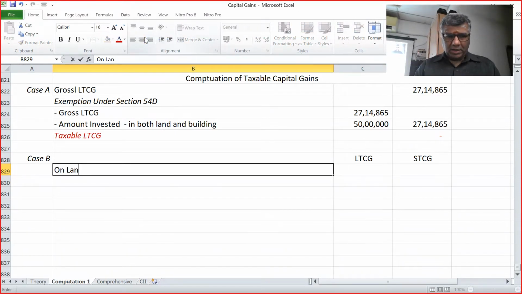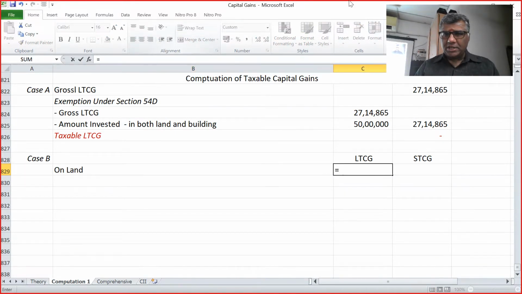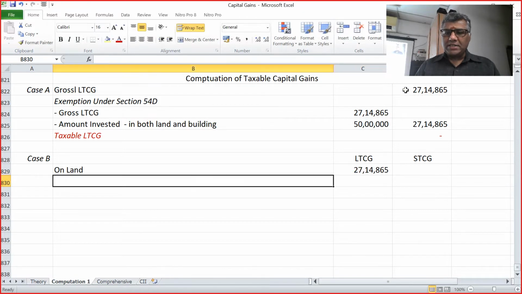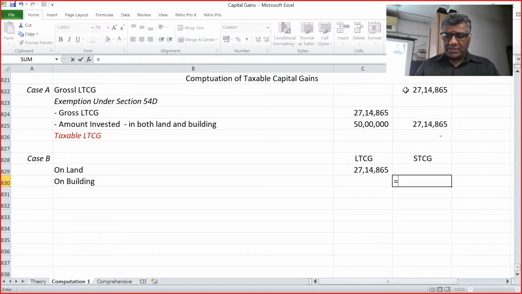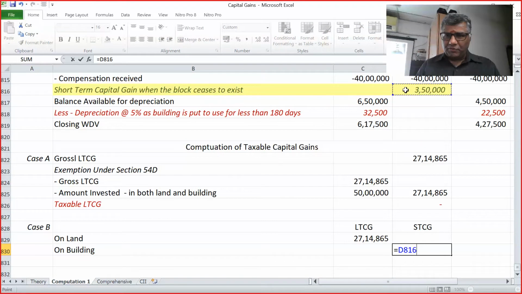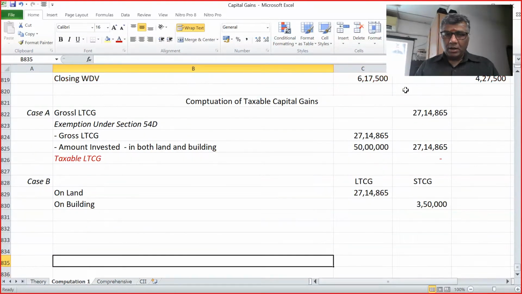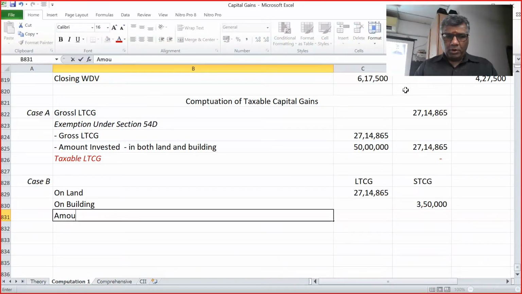On land, I got an LTCG of 27,14,865. On building, I got an STCG of 3,50,000. Amount available for exemption, how much is that?